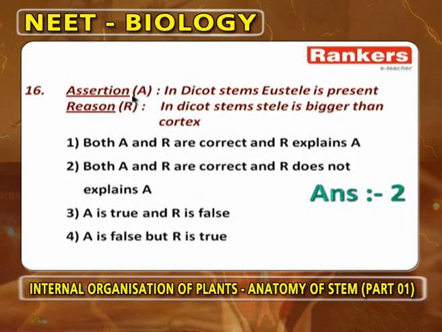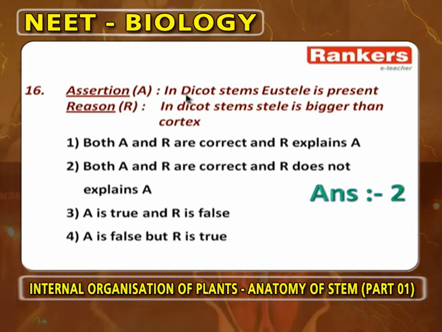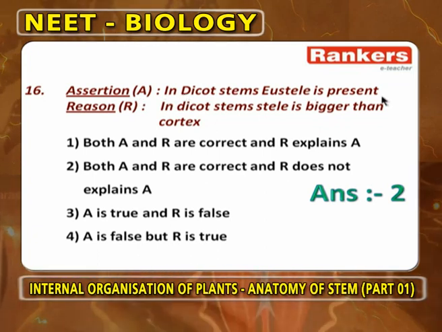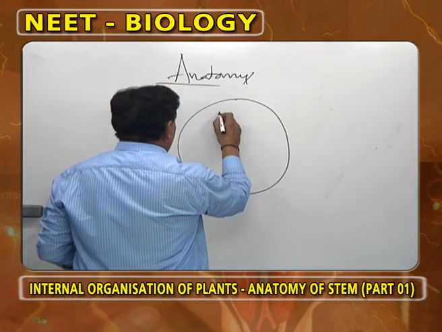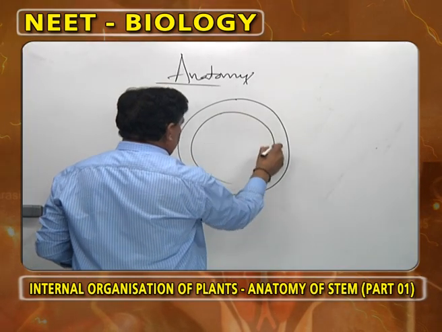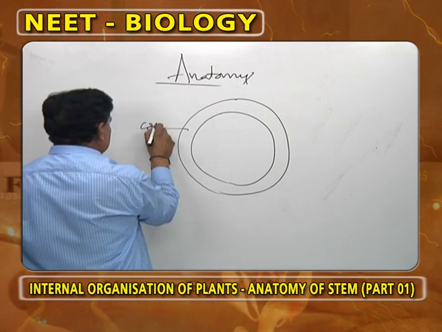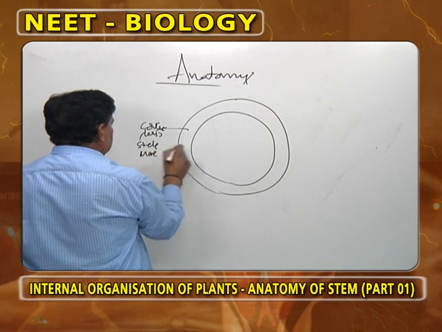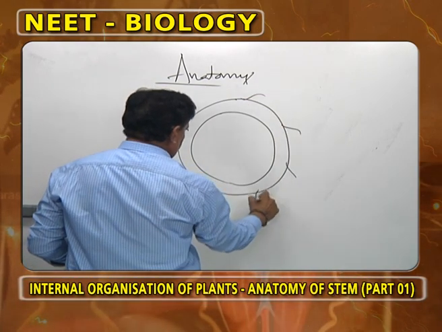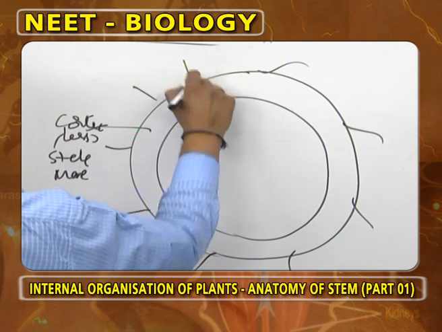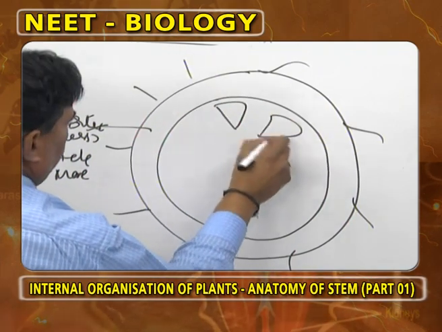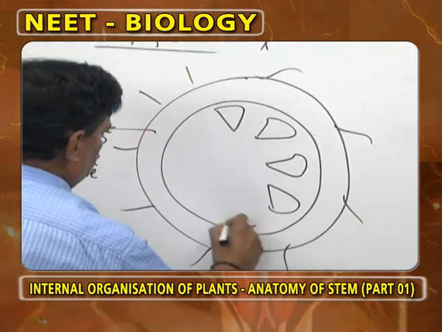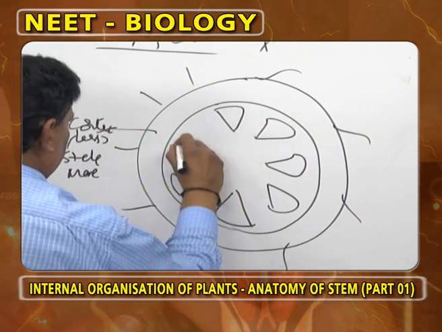This is another assertion reasoning. In a dicot stem, eustele is present, and eustele means the ground plan, cortex is less, stele is more. And some of the epidermal cells give rise to trichomes. Eustele means limited number of vascular bundles arranged in the form of a ring.